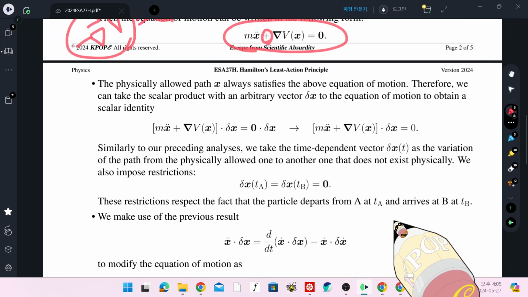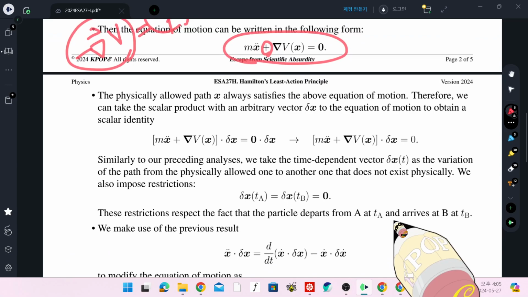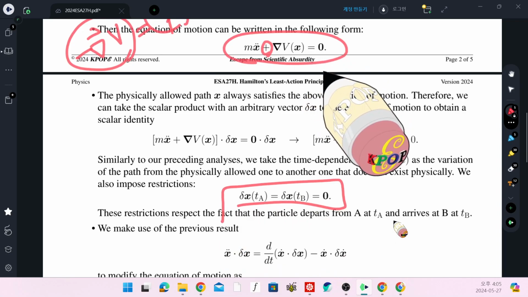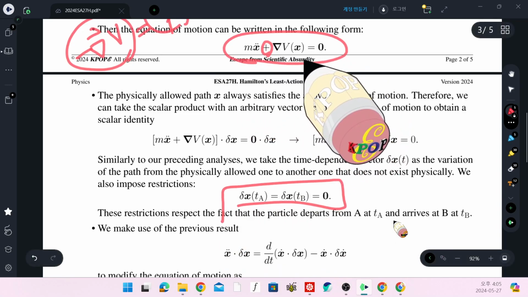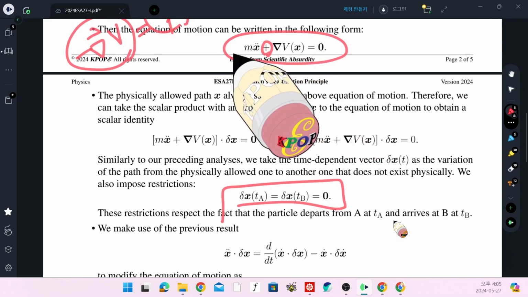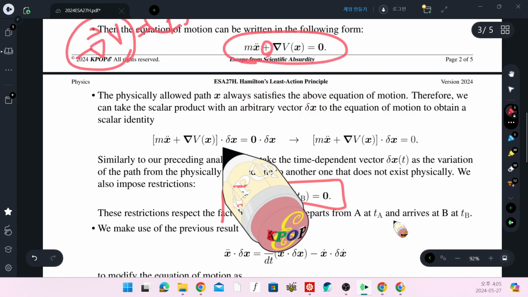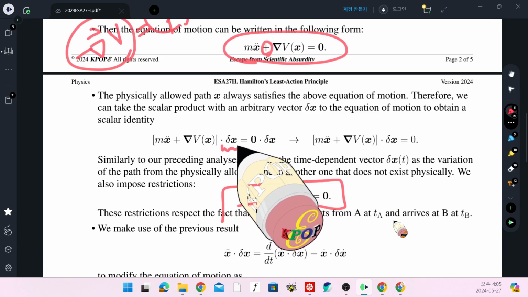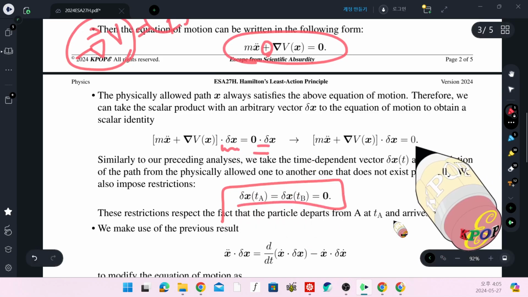We can multiply by the variation from the physical path, keeping the endpoint the same. So we use the same method to take the scalar product with the equation of motion for an arbitrary path, and we know this is definitely still zero.